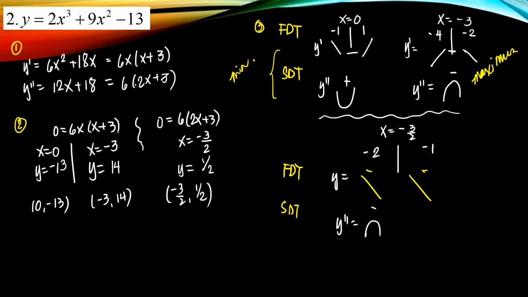Hopefully, for negative 1, it's positive. 2 times negative 1 is negative 2 plus 3 is positive 1. So that means this is a point of inflection. Can you follow? So if I ask you, could you graph this?